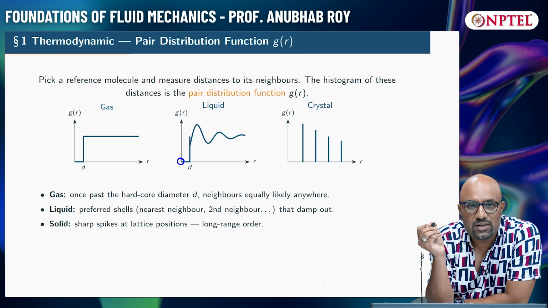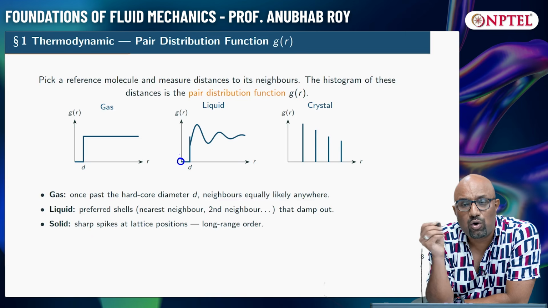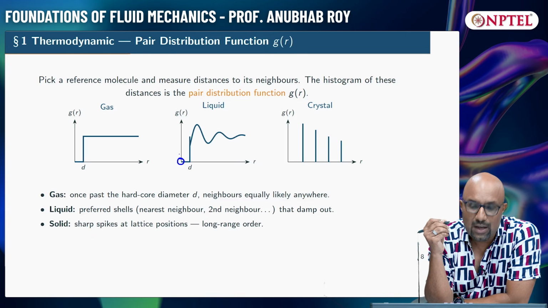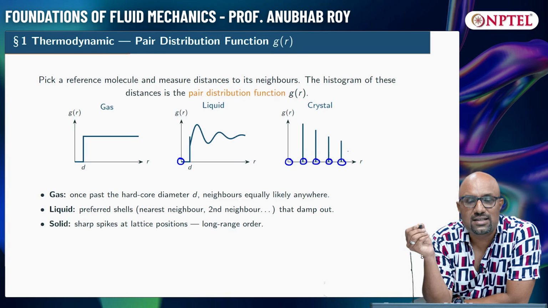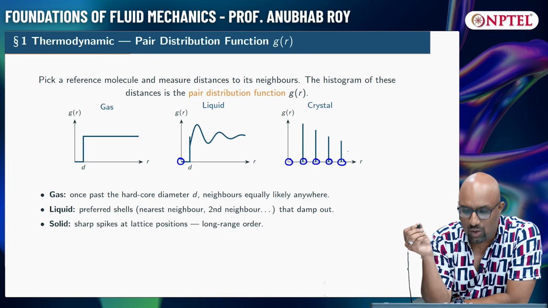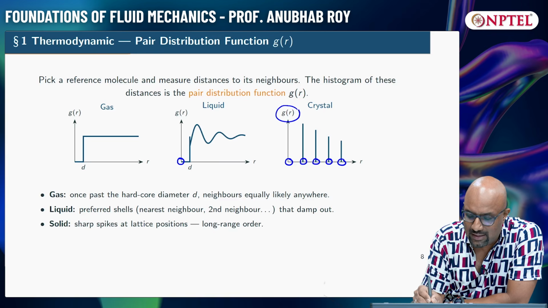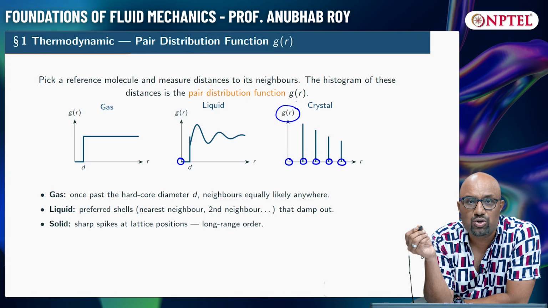So let's say that there was a molecule sitting at the origin. Now with respect to that particular reference molecule, where would its neighbors lie? Now if it was in a crystal state, all its neighbors are going to be at some very definite distances away. So the quantity that I am plotting here is known as the pair distribution function.